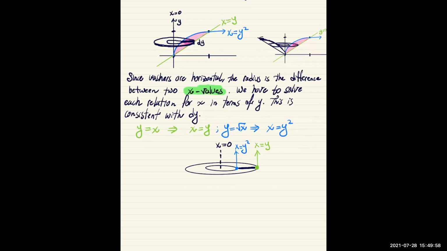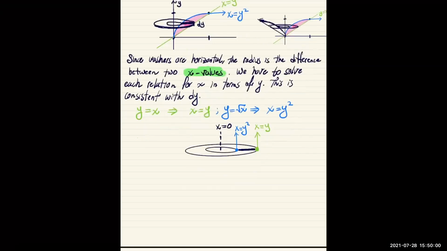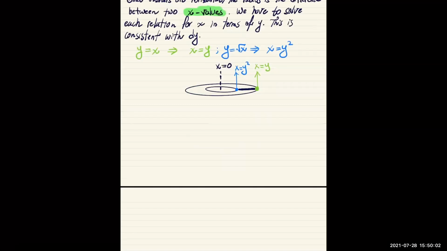Okay, so we are ready to find the outer and the inner radius. Let's go with the inner radius. This is the inner radius of the washer, and who wants to go? How do I find that inner radius? Anybody?